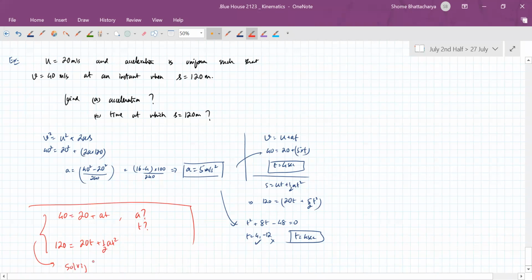Solving for a, for example, from the first equation, we would have taken t as 20 by a and substituted in the second equation.